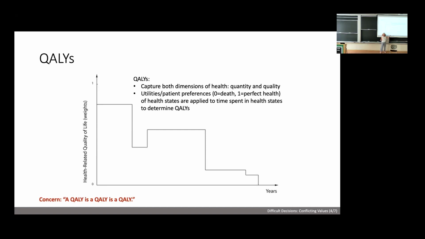Something happened, maybe I fall, I break my hip, so things are low, I'm in hospital, I recover, I'm not going to go quite back to where I was before. And then some other health event happens and my health deteriorates until I die. And so basically the area under that curve will be our quality adjusted life year. And so we can map out into the future how a specific disease would impact our patients.